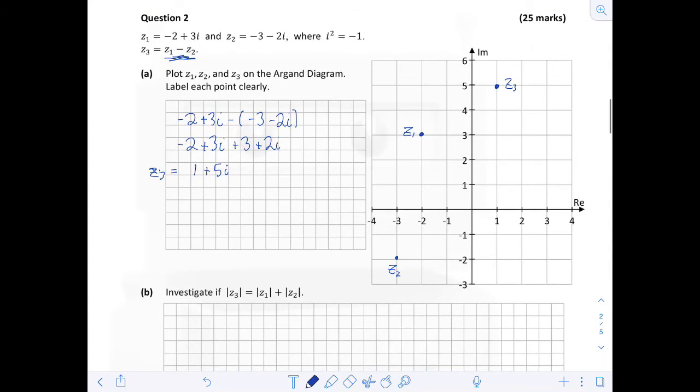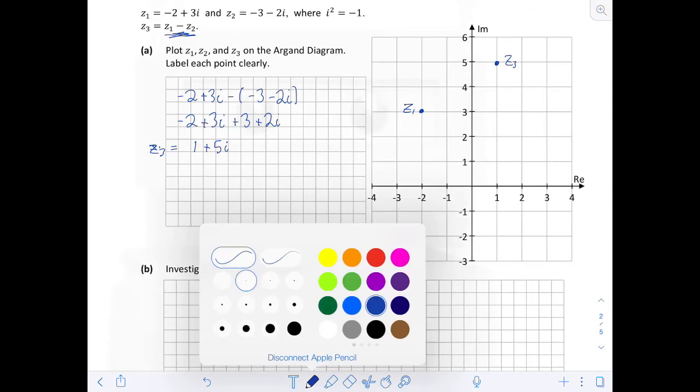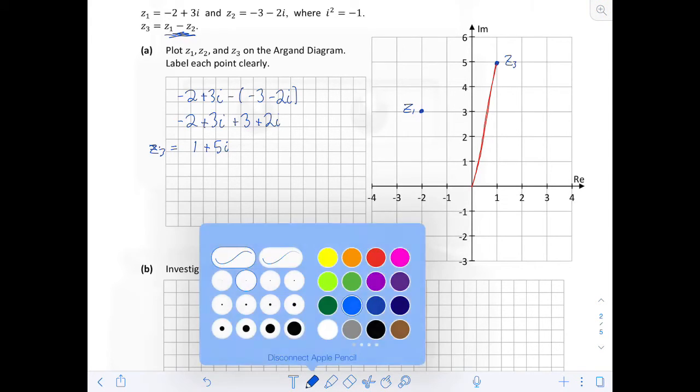Then we're asked to investigate if the modulus of Z3 is equal to the modulus of Z1 added on to the modulus of Z2. So really that question is checking, can we work out our three moduli? First of all, we have to work out this modulus here, that distance. I'm going to label up my point.